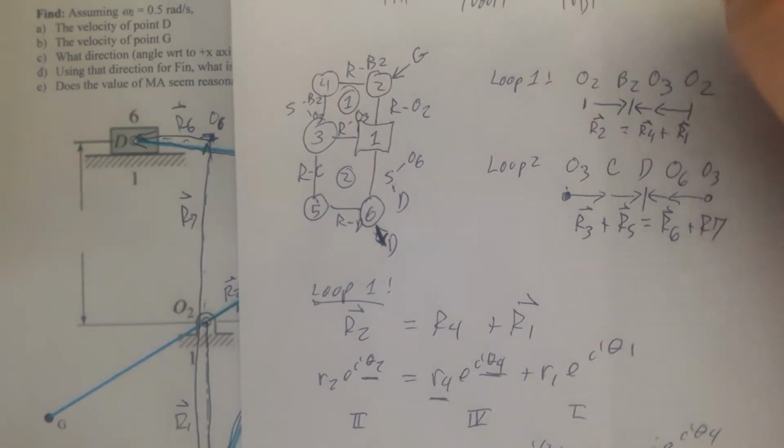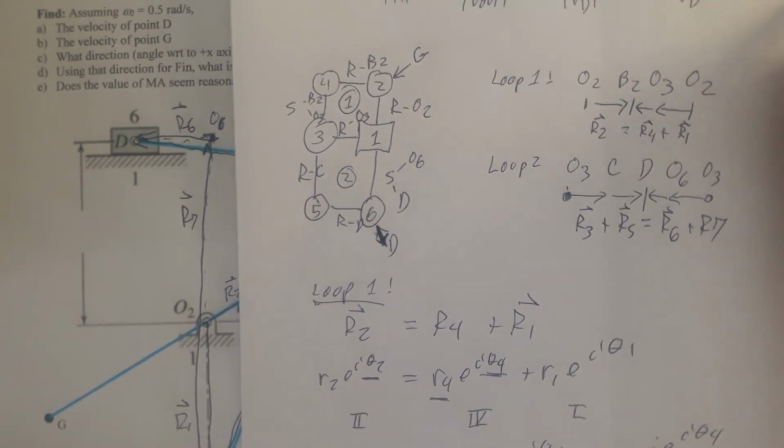And so the velocity of G is just going to be the vector of G with respect to O2. And so that's on link 2. And then this one's velocity of D. That's just a point on link 6. And so hopefully you can see that the velocity of G with O2 is just going to be R G O2 times omega 2. And then the velocity of point D is just going to be R6 dot.